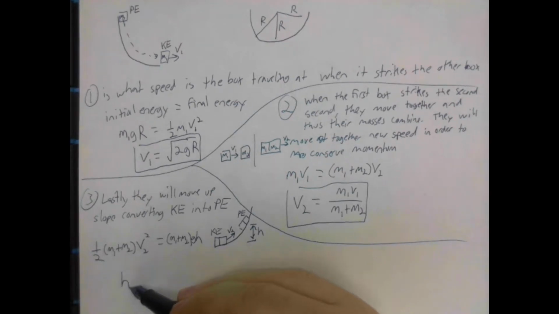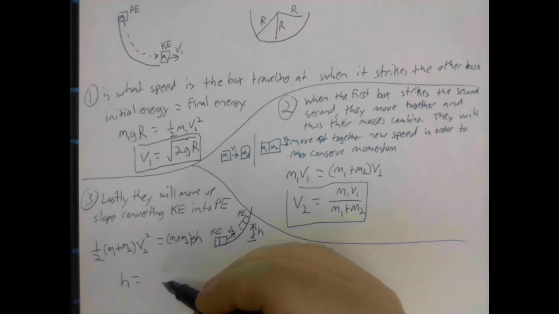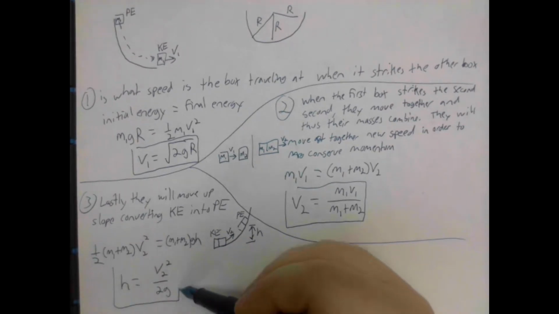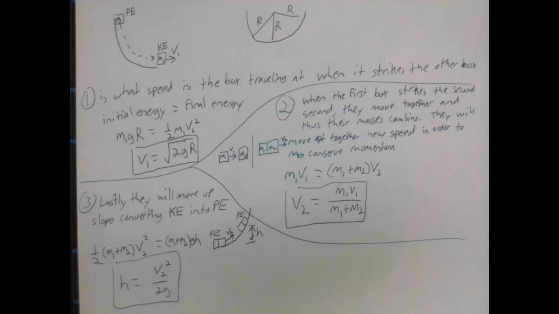Solving, we get h equal to v2 squared over 2g. And that's where we left off last time.